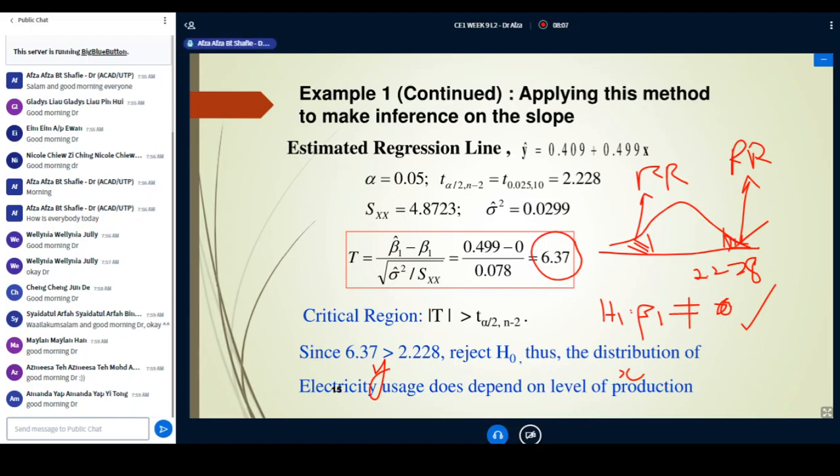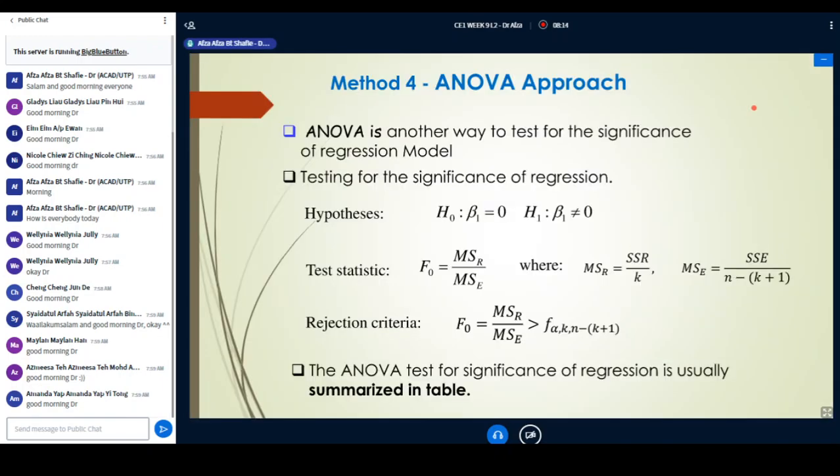The last one will be the ANOVA. Now the ANOVA is like what you have done in the one-way ANOVA, except that what is different is just the test statistics, how we calculate the test statistics, and the hypothesis.